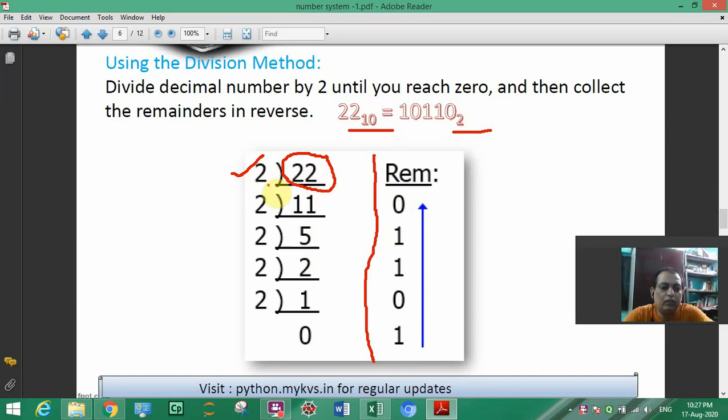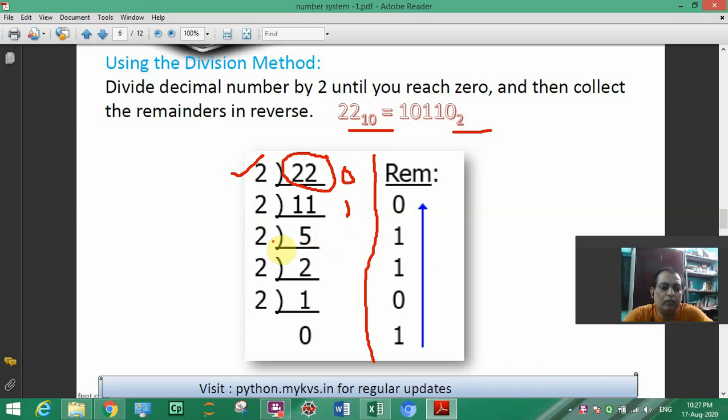So 22 divided by 2 gives 11, and it leaves no remainder, so the remainder is 0. Again, 11 will be divided by 2. 2 fives are 10, so it will leave remainder 1.